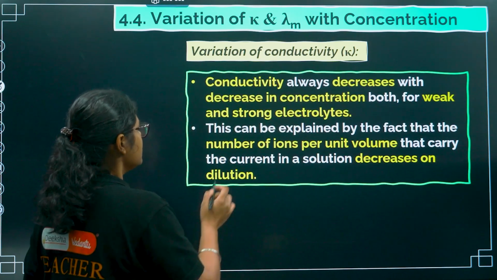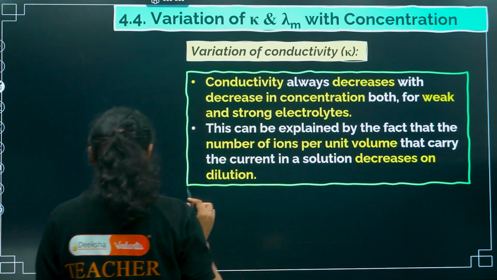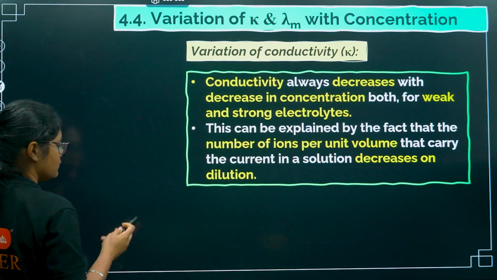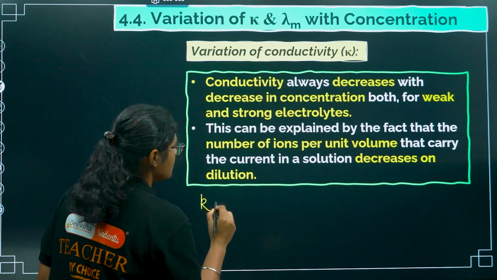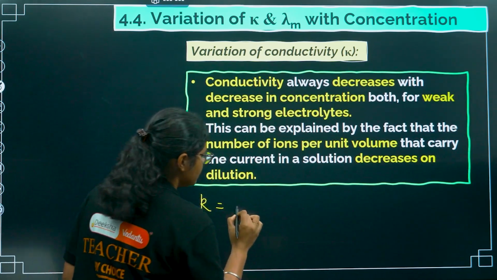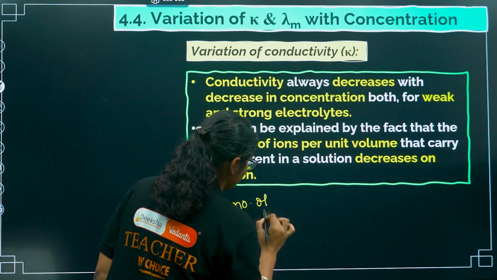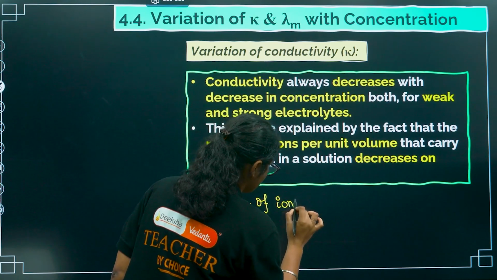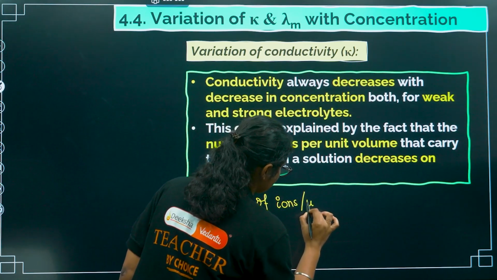Now, variation of conductivity. What is the definition, if you remember? Conductivity is the number of ions per unit volume.